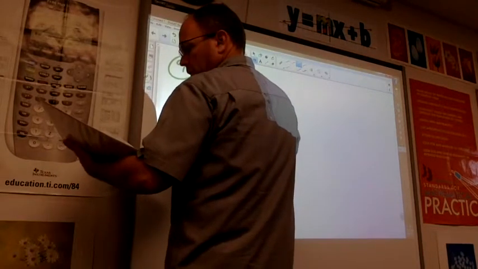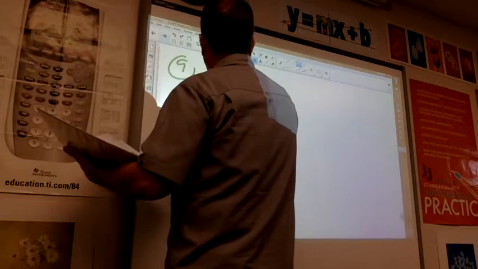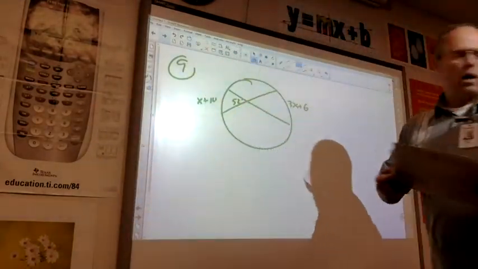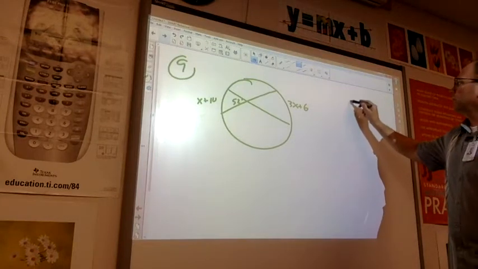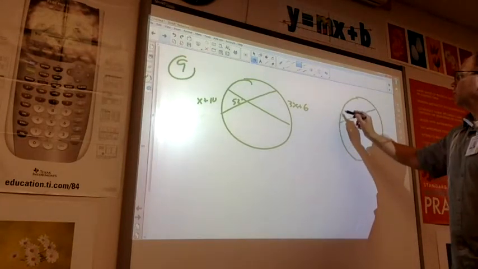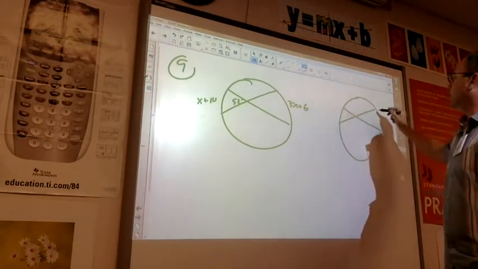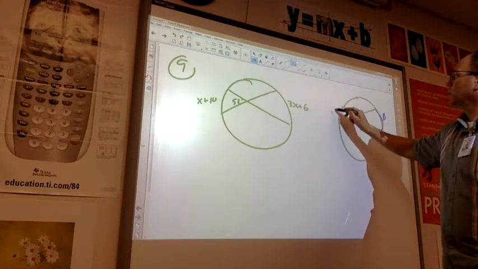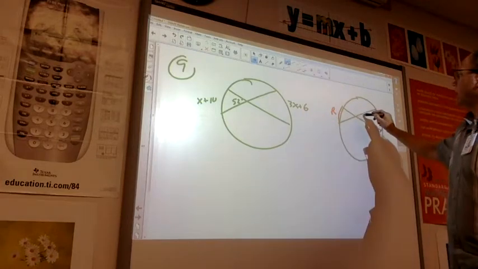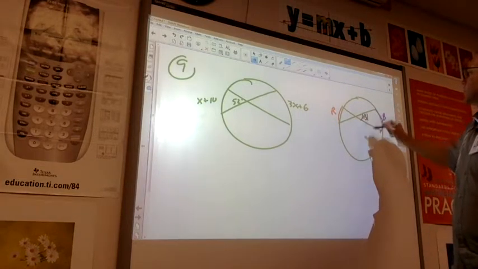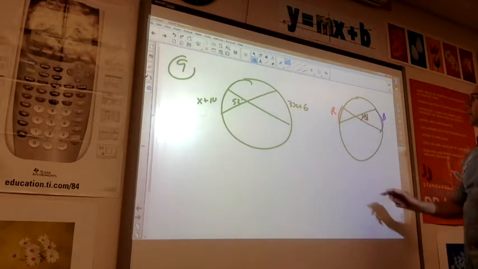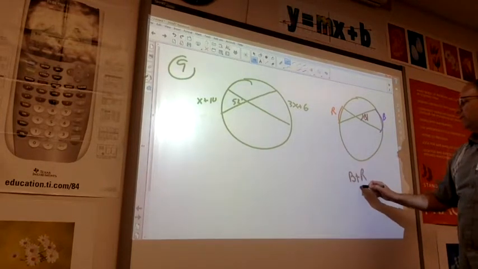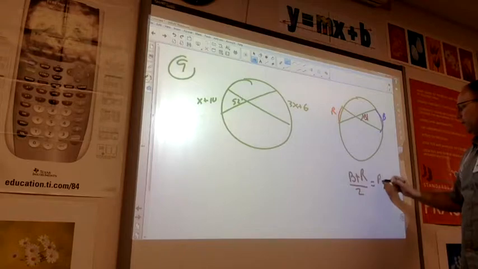2x plus 10. 3x plus 6. Alright, the rule we have to remember on this, if it's inside the circle, if I had blue, red, and black, it's going to be blue plus red divided by 2 is equal to black.